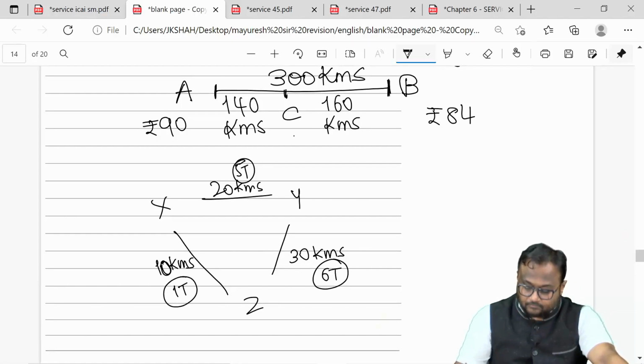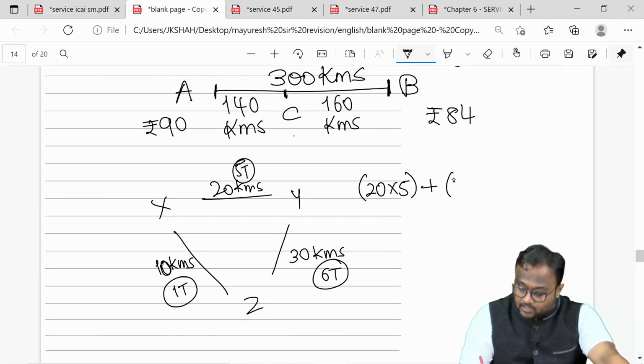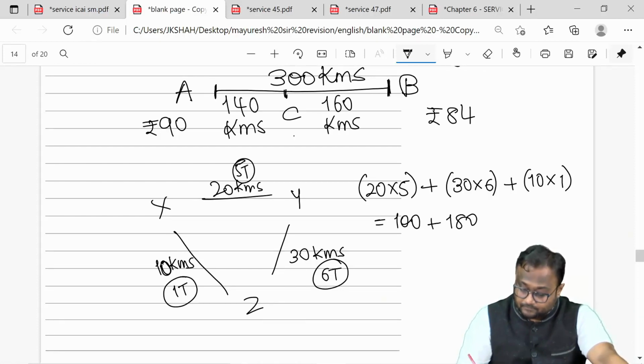1 ton. That's it. So if I want to go for absolute ton kilometers, it is 20 into 5, number of tons into number of kilometers, 30 into 6, and 10 into 1. So 100, 180 and 10.